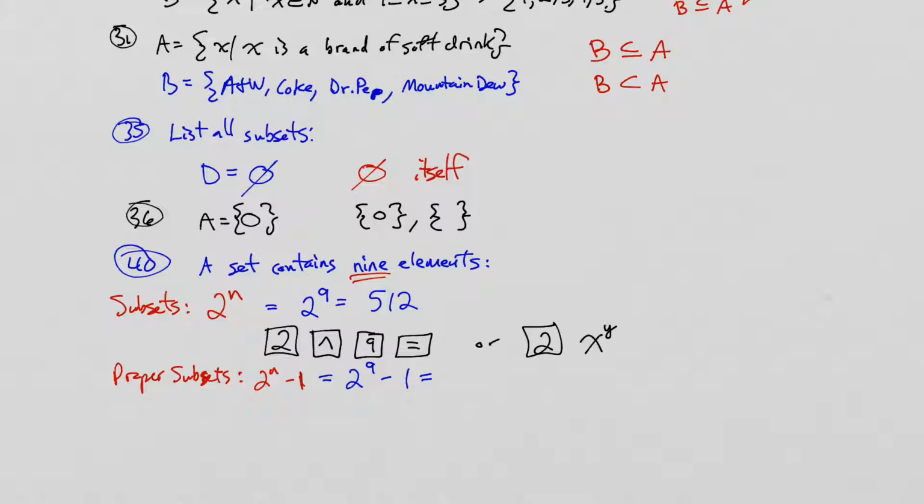That's basically any base, so you type in 2, raised to any power. So after you hit this button, you're going to type in the 9, and then click equals, and either way you should get 512. And of course, if you subtract 1, you're going to get 511. So it kind of stinks to list these out and actually count them. It'll take all day. And that's why we have shortcut formulas.